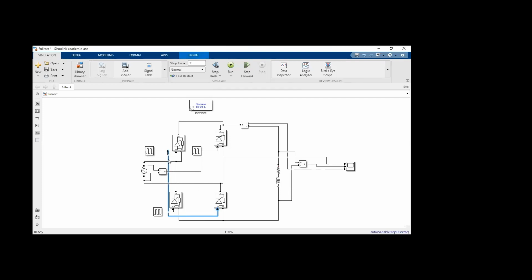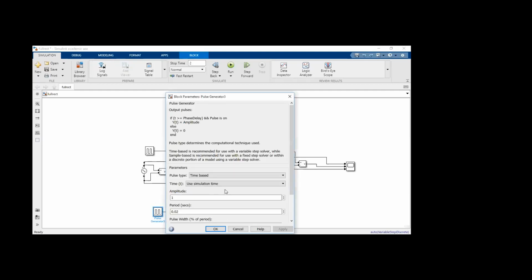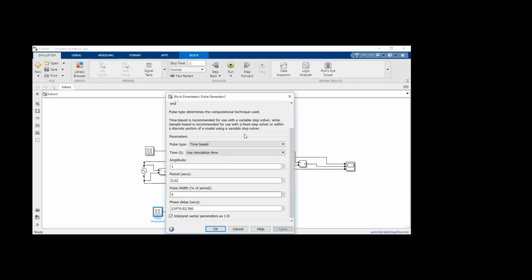Even if you do that, it will work, because both values are the same. You have to understand this. The second and third thyristors will have the same value, and they conduct after 180 degrees: 180 plus 30, which is 210.